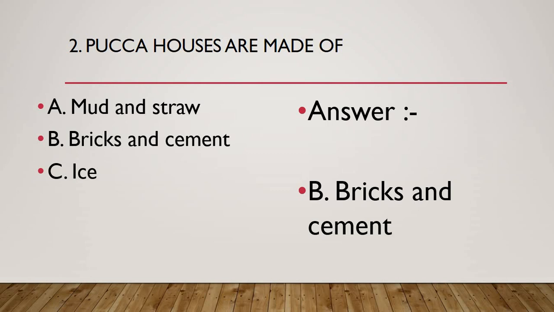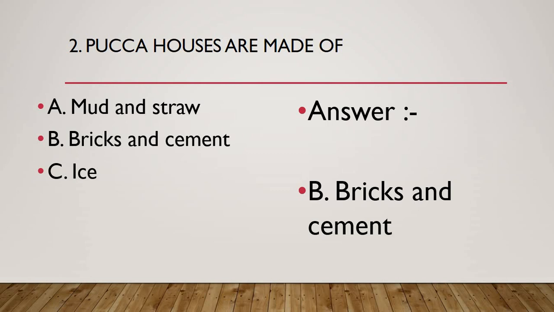Workers are working there. So you can easily observe that pucca houses are made up of bricks, cement, and different sands, and other materials like marble are included for the interior as well.